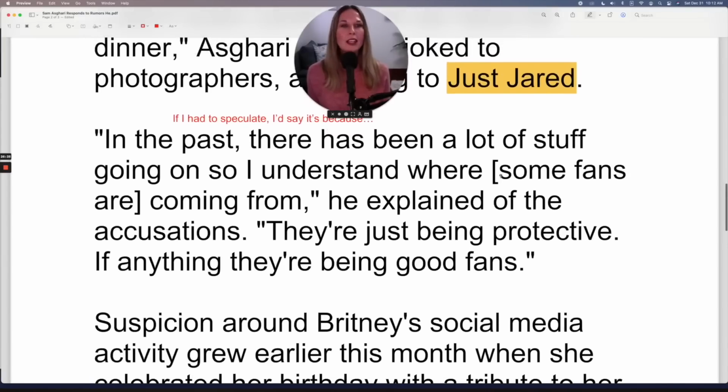I guess the only thing I'll point out is, what does this mean when you have a square bracket? When you have a square bracket, which is highlighted here, it means that the actual words that Sam Asghari or whoever said this, the actual words have been changed slightly. So remember, this is a quote.